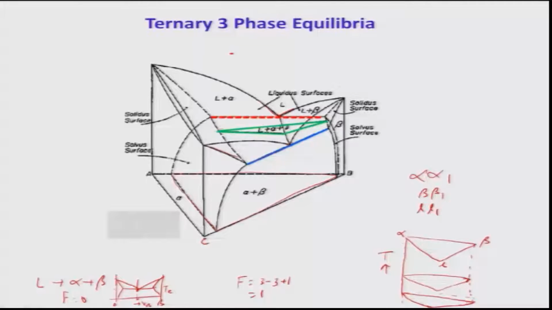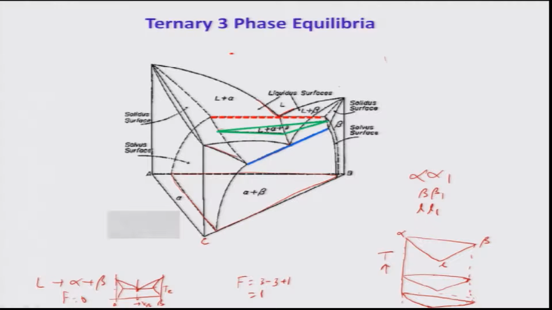In this phase diagram, I am saying that I am going to represent this whole feature as these alpha, beta, liquid plus alpha plus beta triangles, correct. So, you see here the liquidus surface is much more complex compared to the isomorphous system. The liquidus surface is shown here, it is very complex.